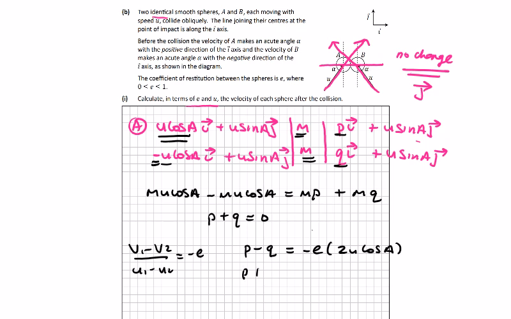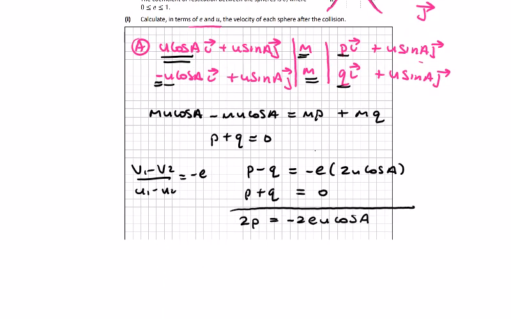And if we have P plus Q is equal to 0, we can say that 2P is equal to minus 2EU cos alpha. So therefore P is equal to just minus EU cos alpha. And if P plus Q is equal to 0, Q must be equal to the positive version of this, EU cos alpha.